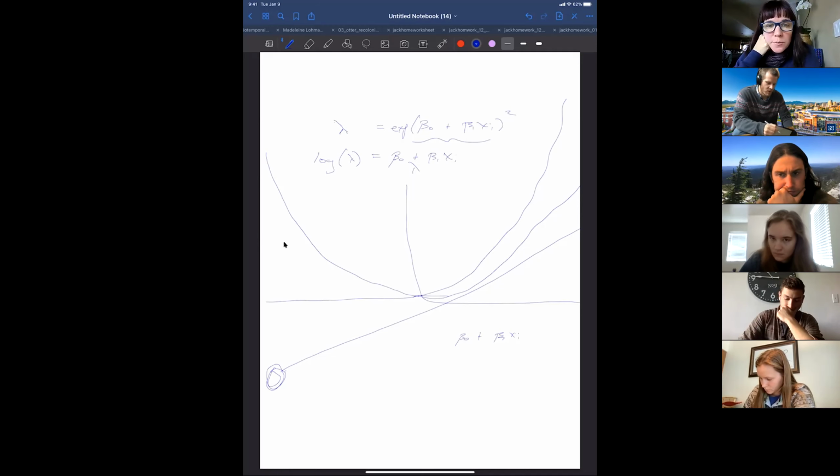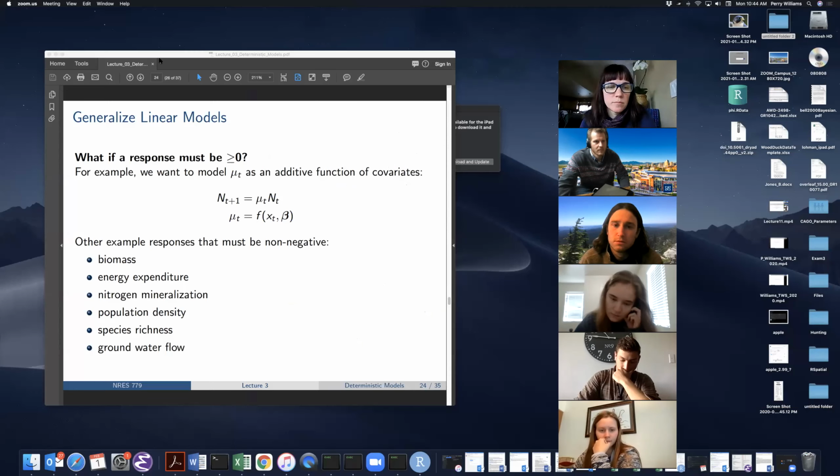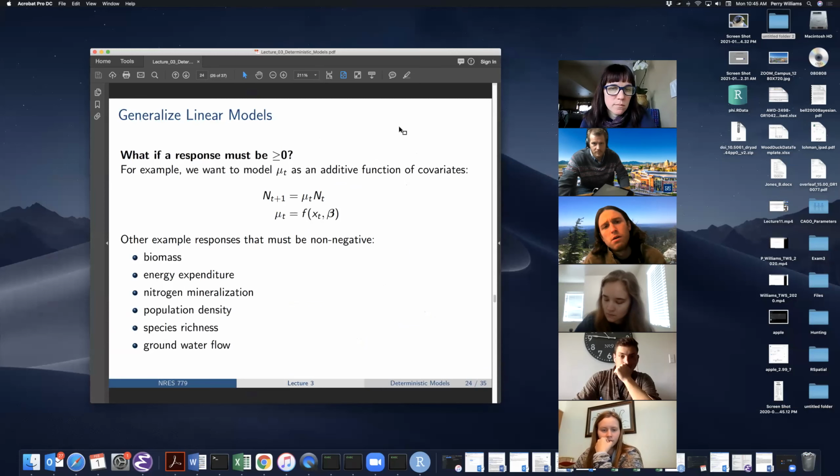That's just because if we want to get beta 0 plus beta 1 by itself, we take the log of both sides. So the log of the exponent, and the log of this side, gives us this.